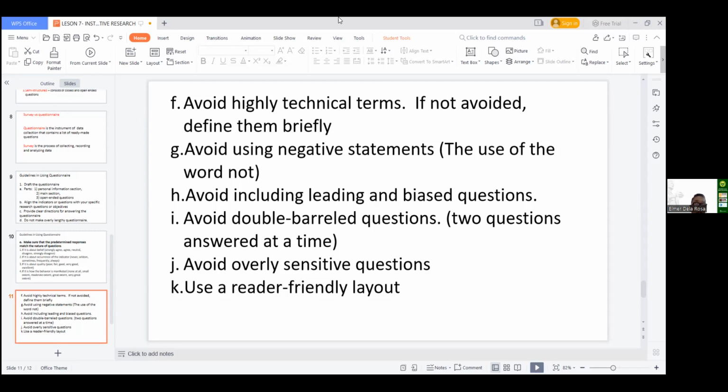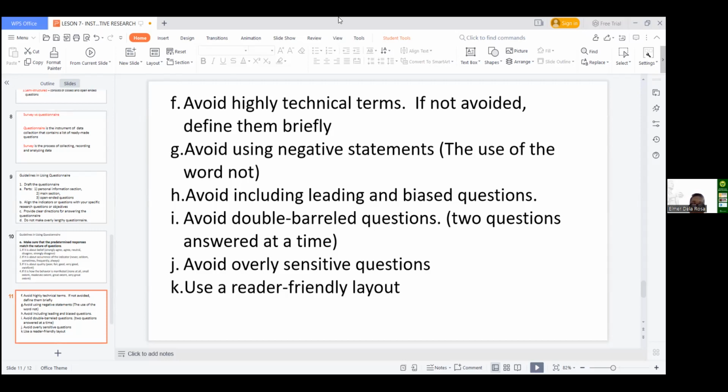Maaaring agree siya sa naunang part, pero disagree siya sa pangalawa. So, hindi na malinaw o ano ang kanyang isasagot. Because there are 2 questions being answered at a time, so magkaiba yung perception niya sa naunang part at dun sa pangalawang part. So avoid that. Avoid overly sensitive questions that might hurt the feeling of the respondents while answering.